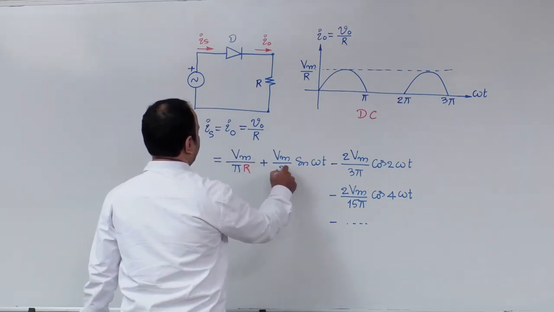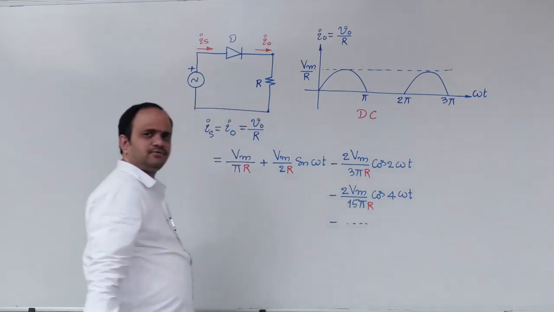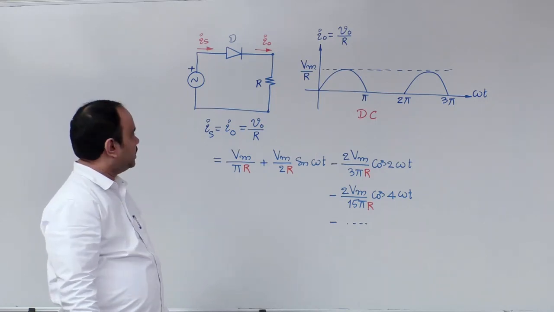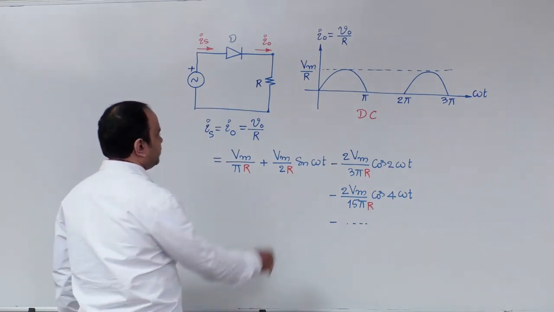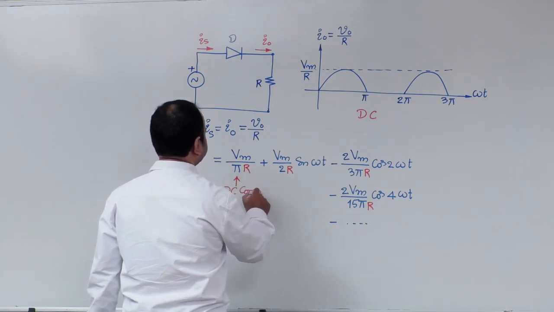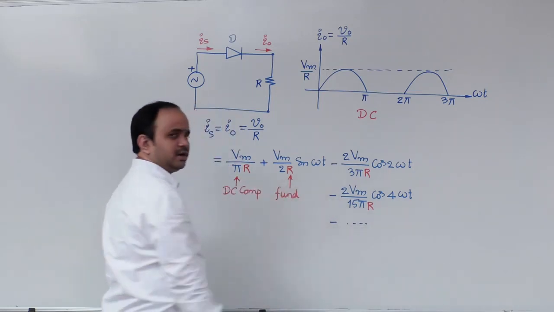Now, if we divide by the resistance, then we will get the current expression. The important point here is, this particular term is the DC component and this term is the fundamental component.